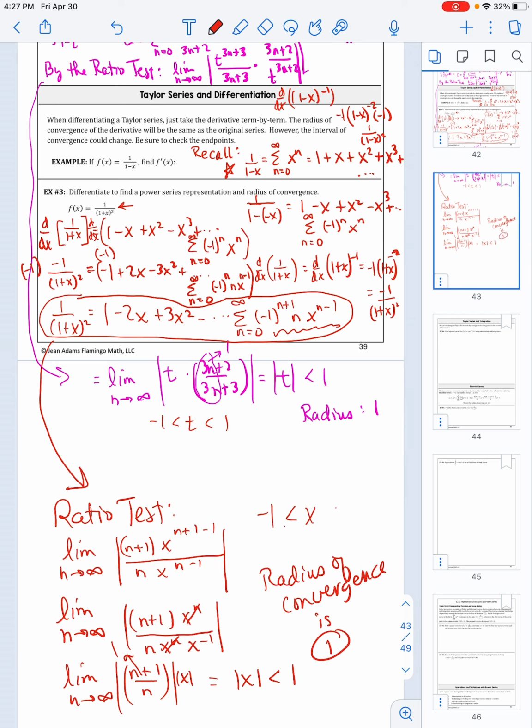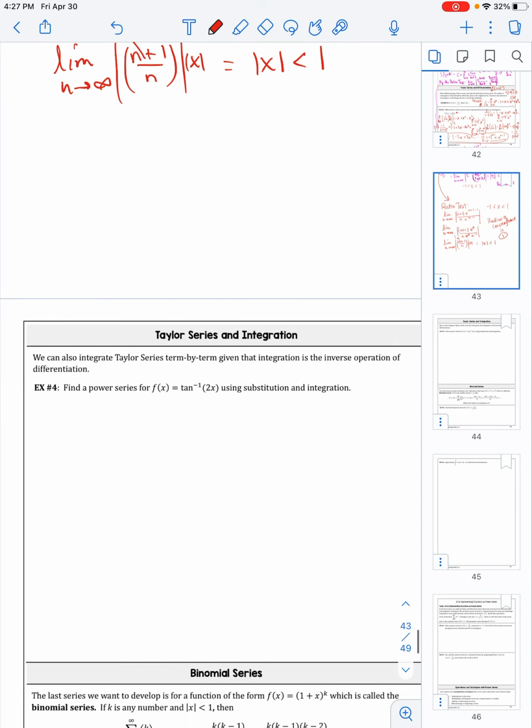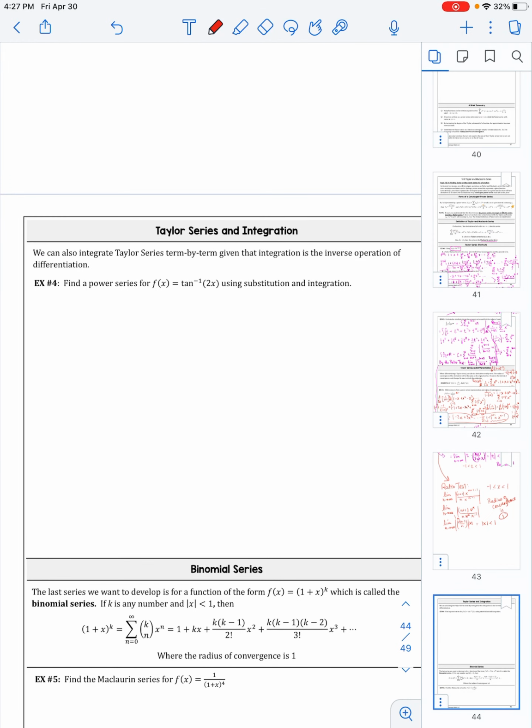So our radius of convergence for this one is also going to be 1. And that means anything between negative 1 and positive 1. So that was your radius of convergence there.